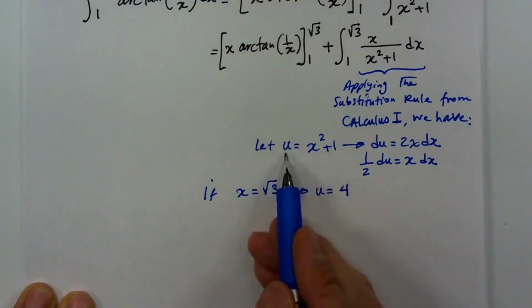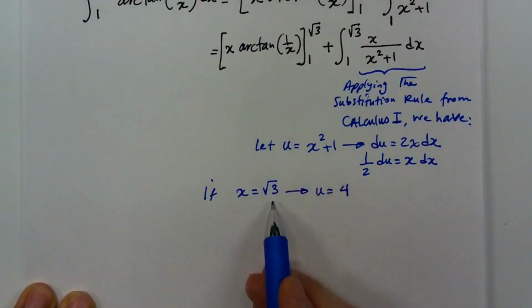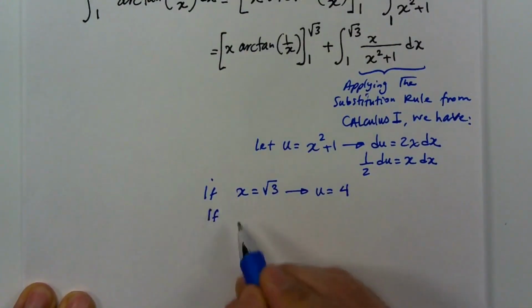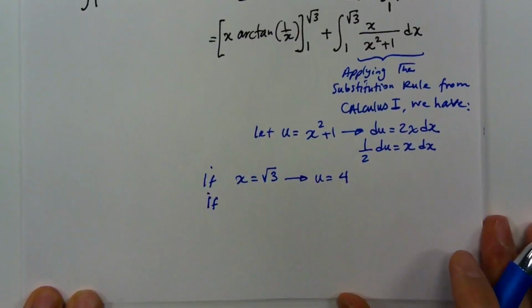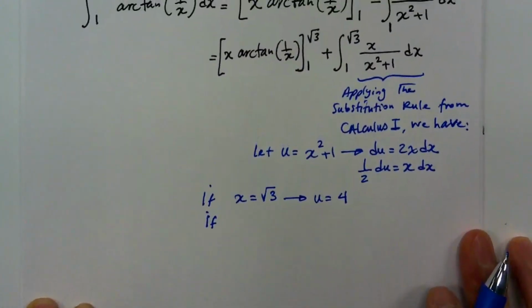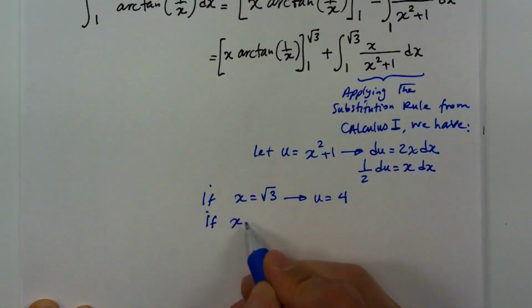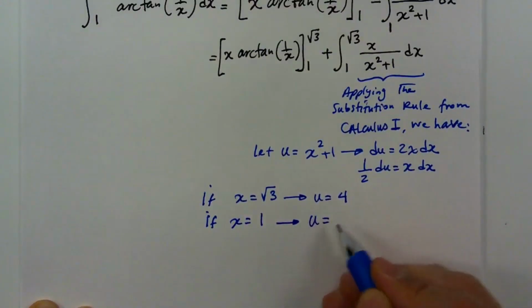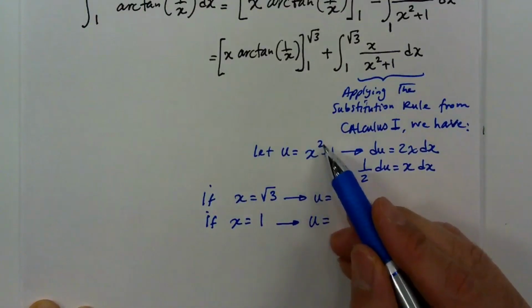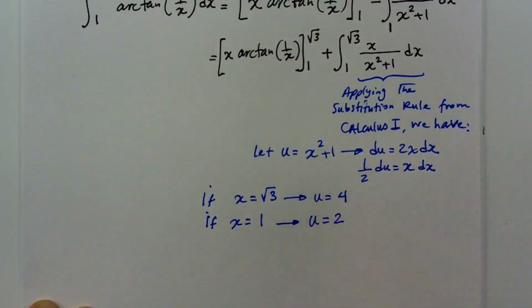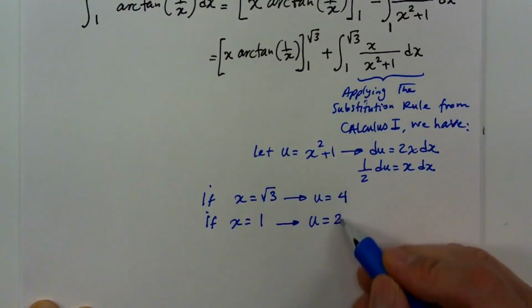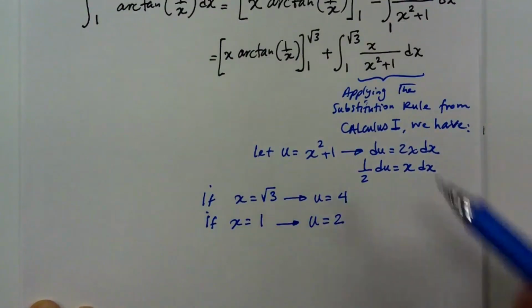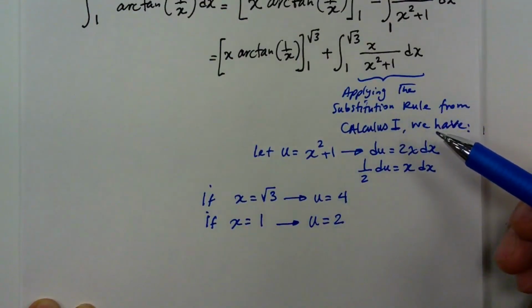Just calculating u from this, with x being square root of 3. Now, if x is equal to the lower limit, 1, then what would u be? u would be 1 squared plus 1, that's just 2. So these are the new limits of our integral that I'm going to write next.